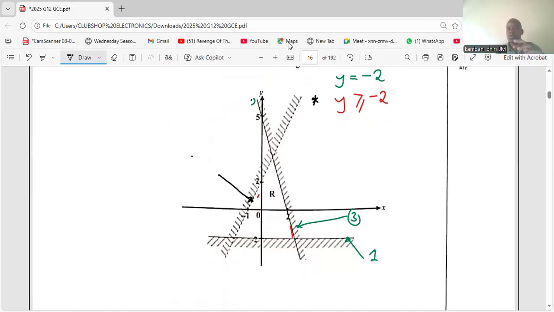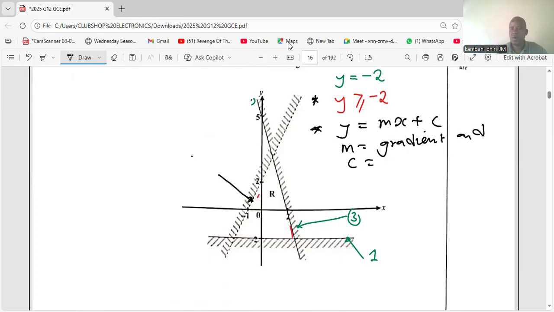To do that, there are a lot of methods, but we are going to say y is equal to mx plus c, where m is the gradient of that line, and c is the y-intercept, the point at which the line is meeting the y-axis. Clearly you can see that for this line, the y-intercept is at 2, so c is equal to 2.